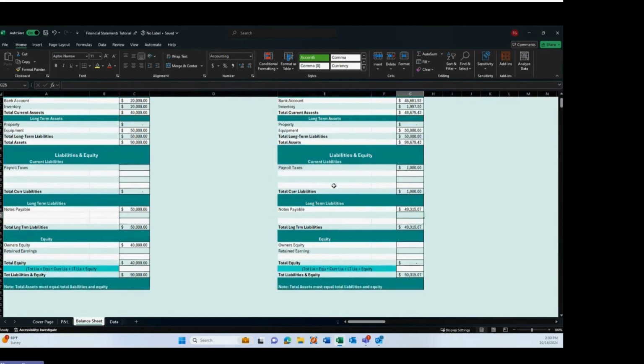Now, we've also got our owner's equity. Now, remember, we started with $40,000 of owner's equity.